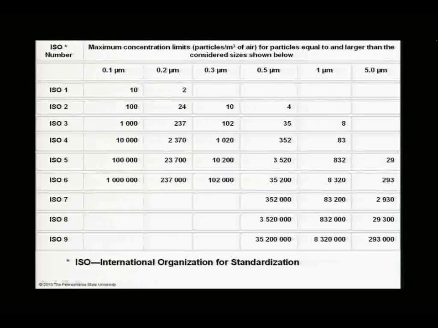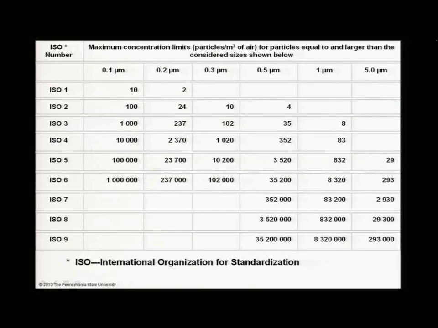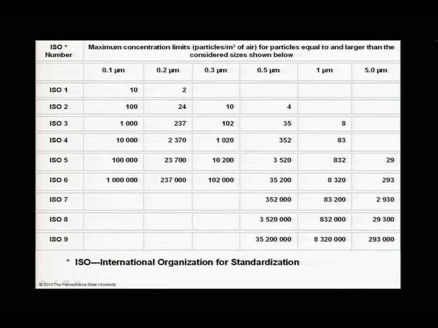And the definition of that is given in the last row. And just to mention to you what ISO stands for, it stands for the International Organization for Standardization. So the letters aren't arranged in an English fashion. It's an international organization. So it's ISO, but it stands for International Organization for Standardization.